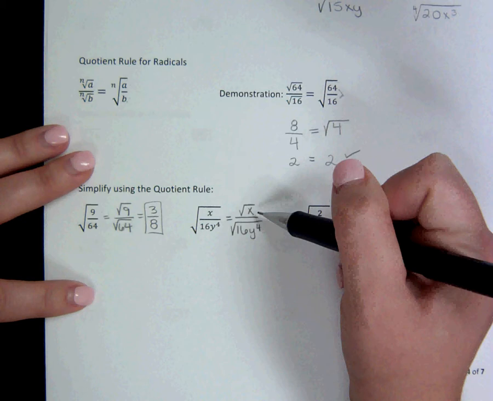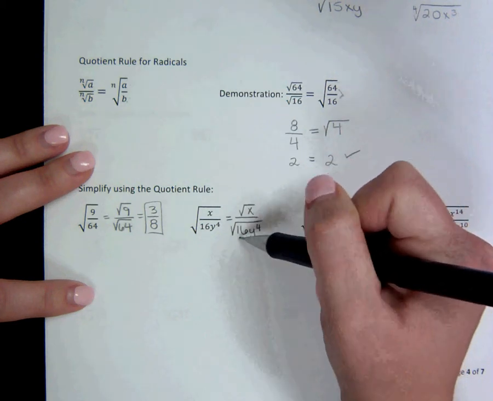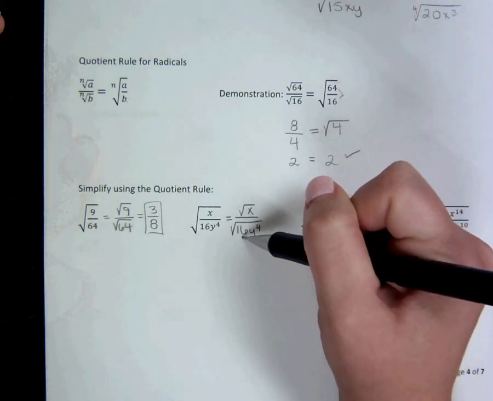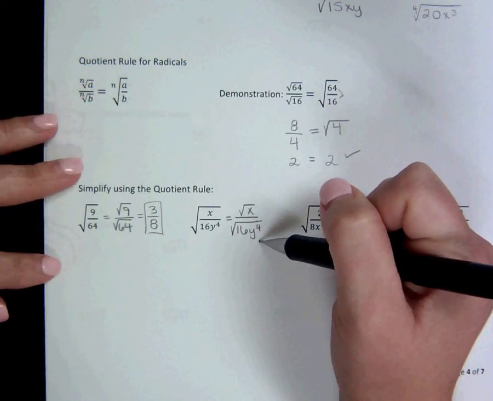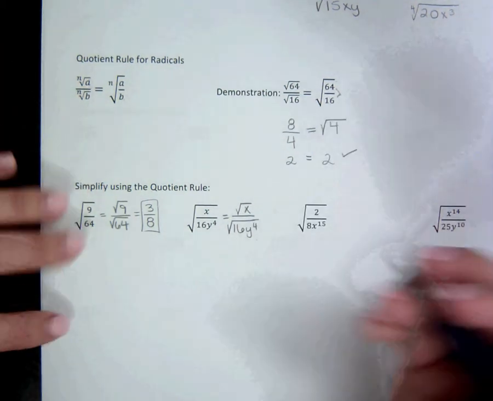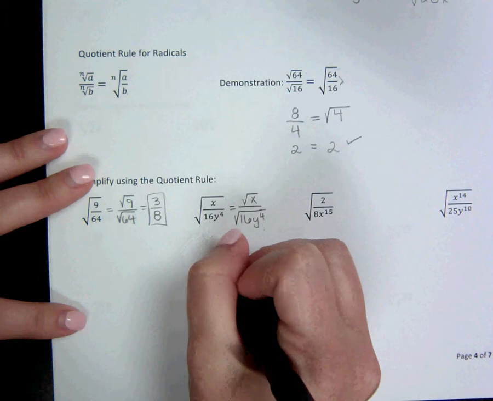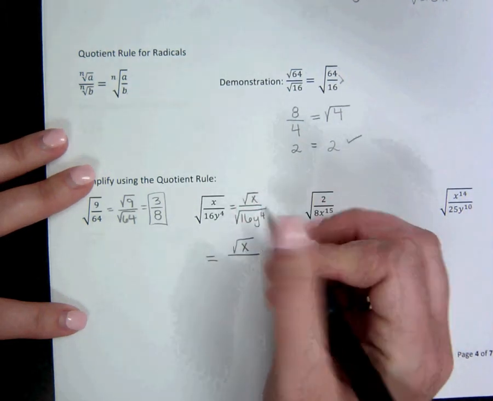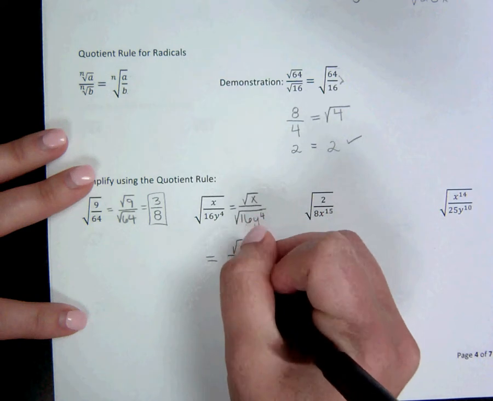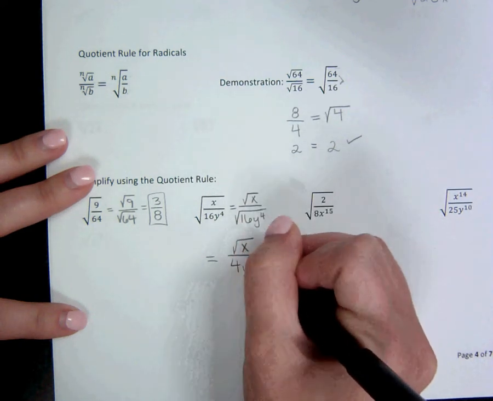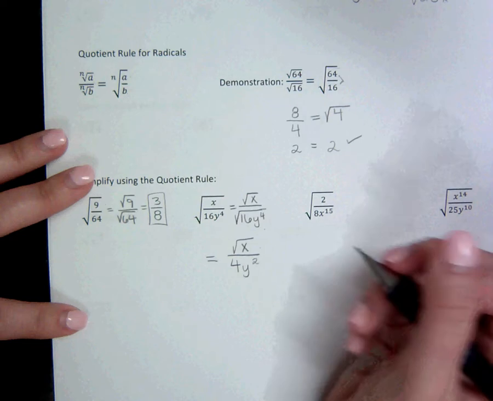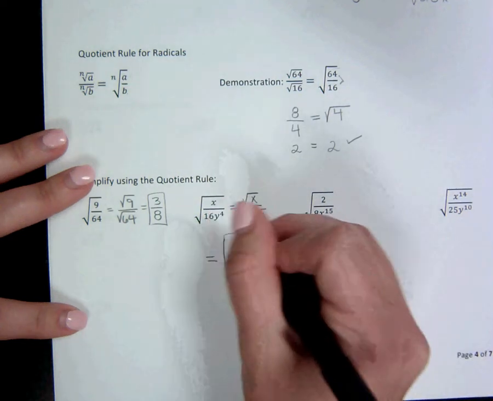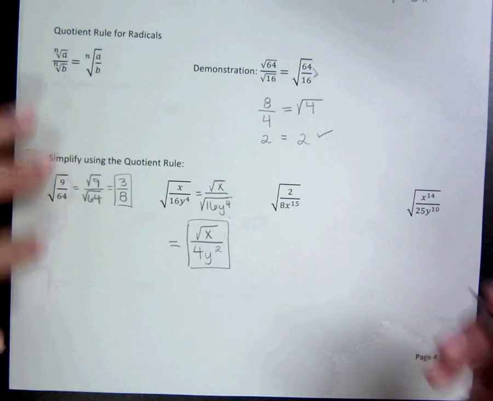Square root of x, there's nothing I can do with that, but the bottom, the square root of 16, that's a perfect square, and y to the fourth divides nicely with 2, so I can create a little bit simpler of a problem. Radical x will stay on top, square root of 16 is 4, square root of y to the fourth is y squared. Notice the denominator no longer has a radical.